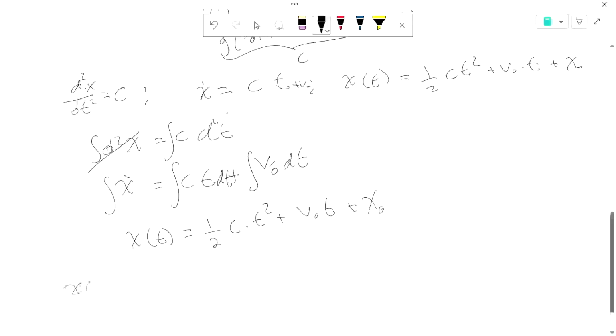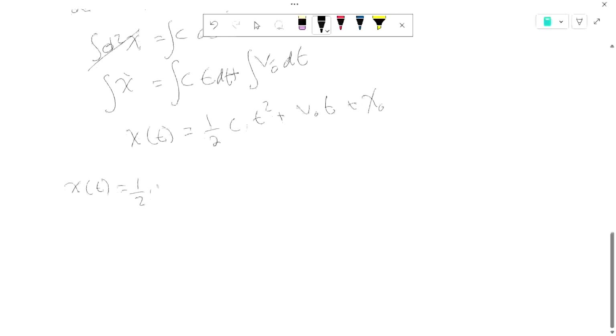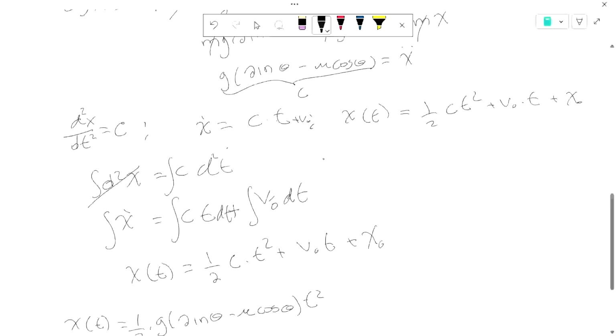So my position at any point in time is equal to 1/2 times my whole constant, which was g sine theta minus mu cosine theta, times t squared, plus my initial velocity times my time, any instant in time, 1 second, 1 millisecond, 1 hour, whatever I want to find, plus my initial position.